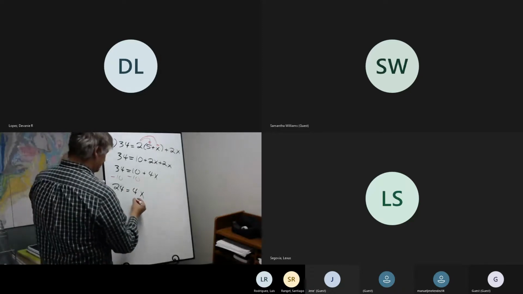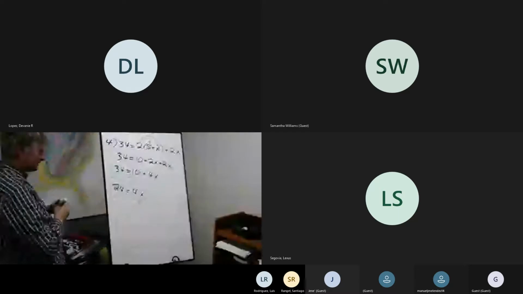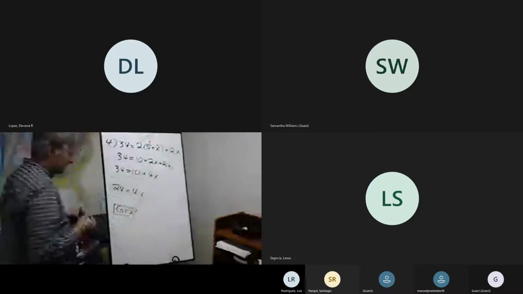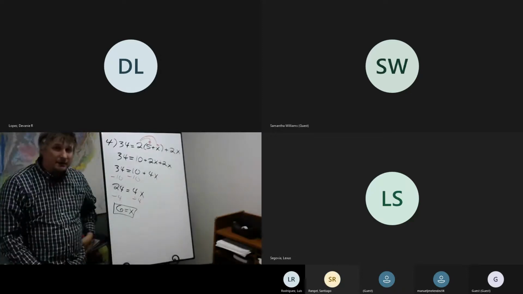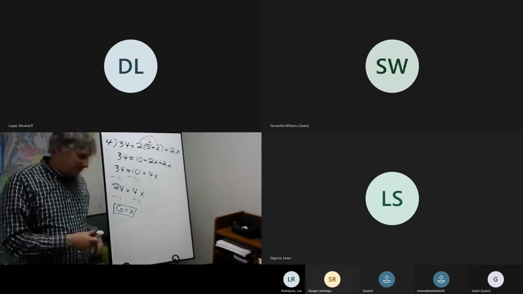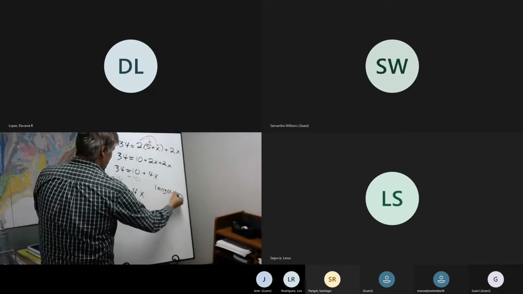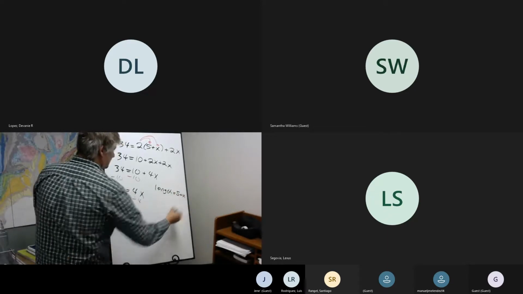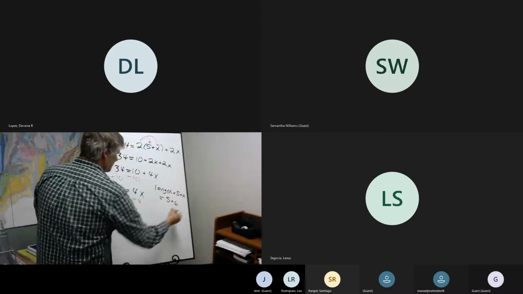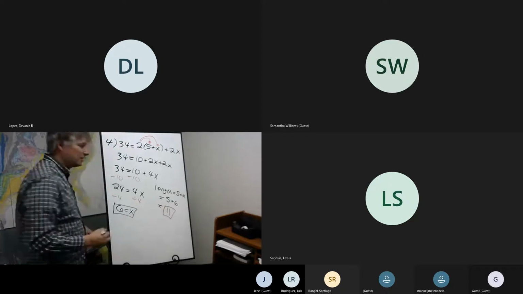Divide by 4. And we get 6 is equal to x. Now we want to remember x is the width. So the length, that's 5 plus x, or 5 plus 6. Or the length is going to be 11.